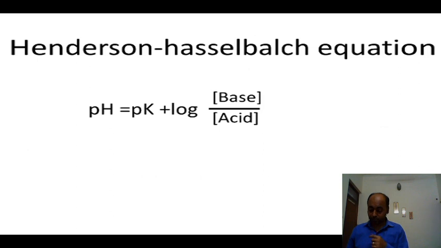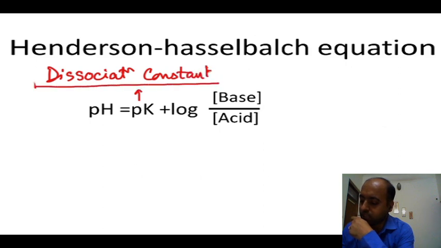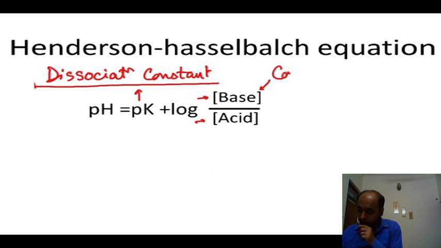Here you have to note a few things. What is pK? pK is what we call the dissociation constant. You have derived the dissociation constant in your 11th and 12th chemistry section. So pK describes the dissociation constant. It is a fixed value for every solution. Then we have the ratio of the concentration of base and acid. Remember, the square bracket denotes concentration.